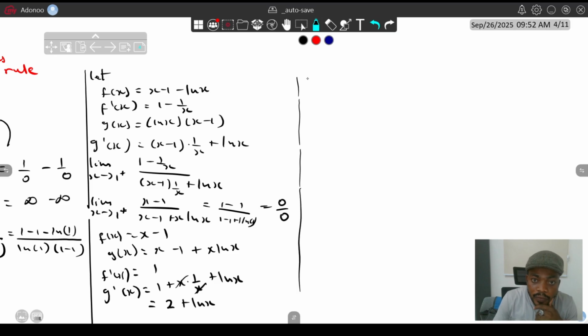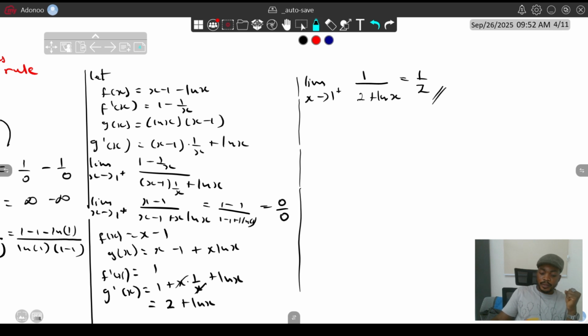And then we have the limit as x approaches 1 of 1 over 2 plus ln x. And guess what? The answer is 1 over 2. So you can see very well that L'Hopital's rule is quite efficient.